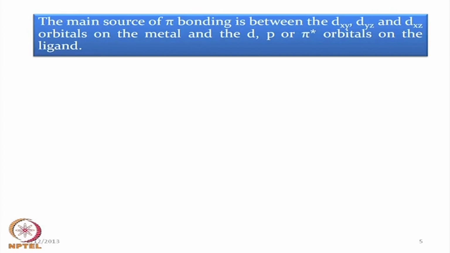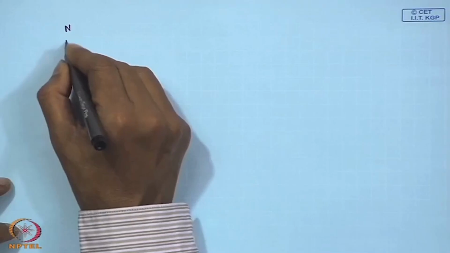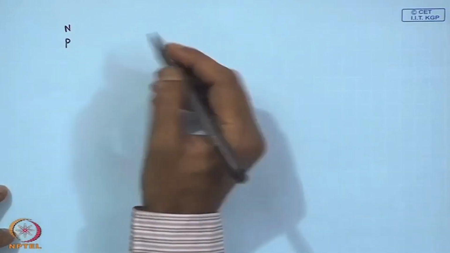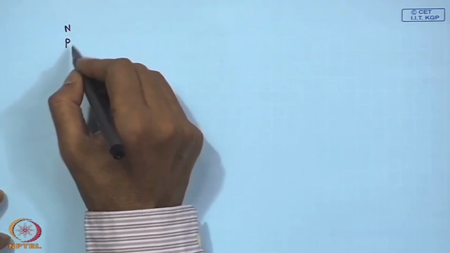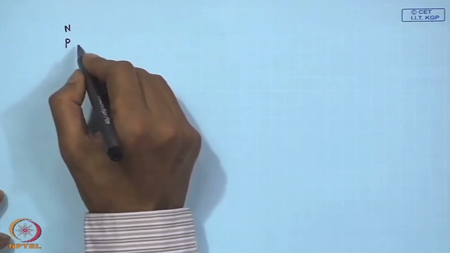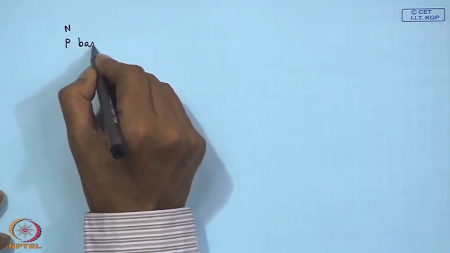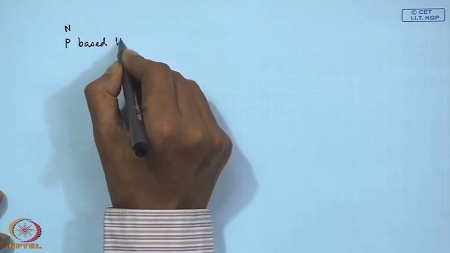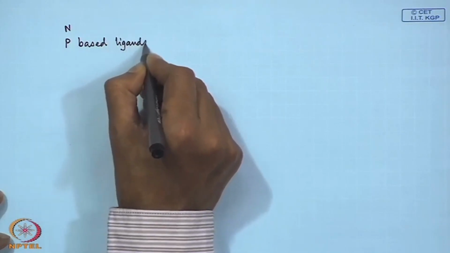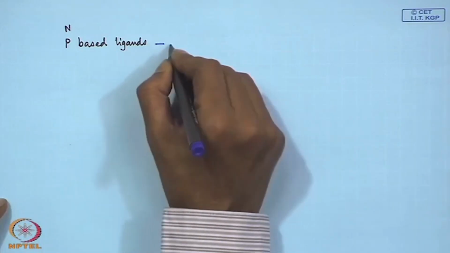That means if we go down from nitrogen to phosphorus, we all know that phosphorus is a bigger atom, and the phosphorus based ligands can therefore have filled d orbitals.